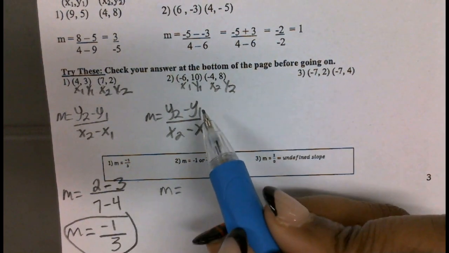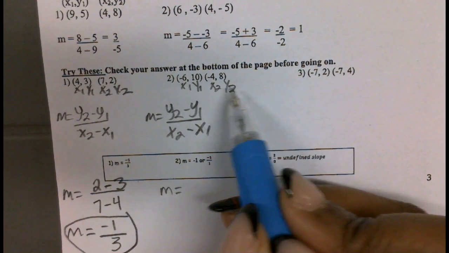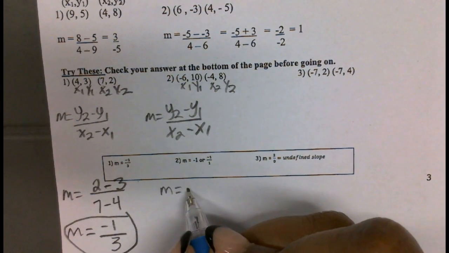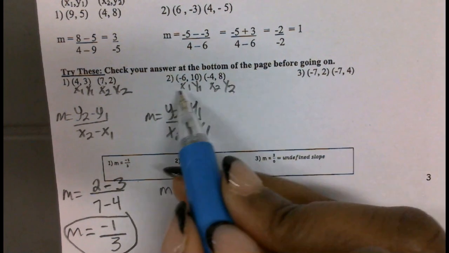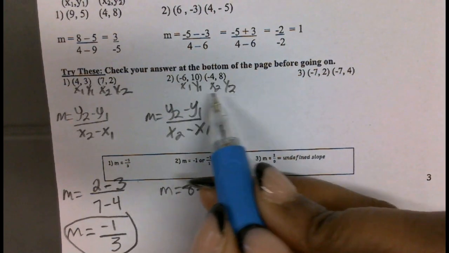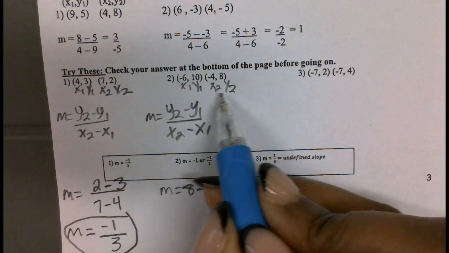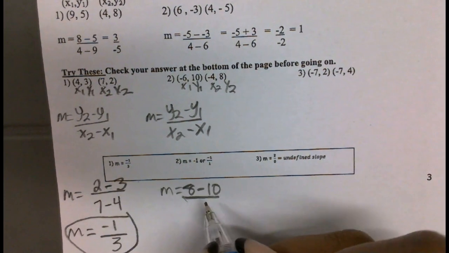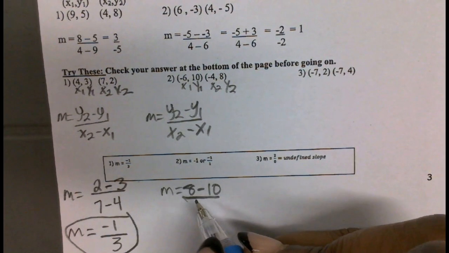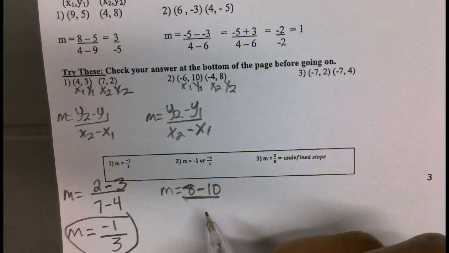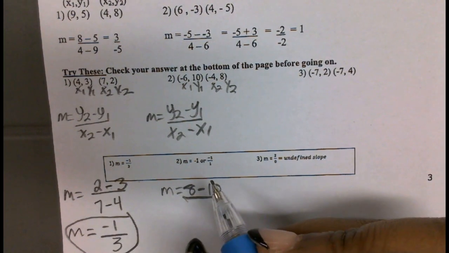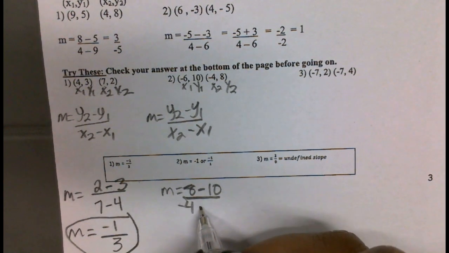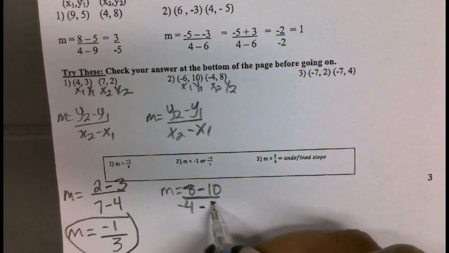Okay, you said -5. Which one of these numbers is y2? I don't know where you get -5 from. 8 minus, which one of these numbers is y1? 10. Do you see that? Okay, on the bottom, Grace, -4 minus, say again, baby. -6, perfect.